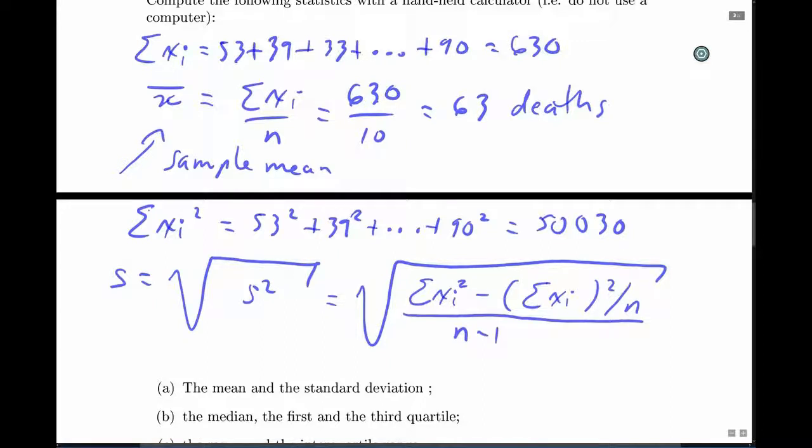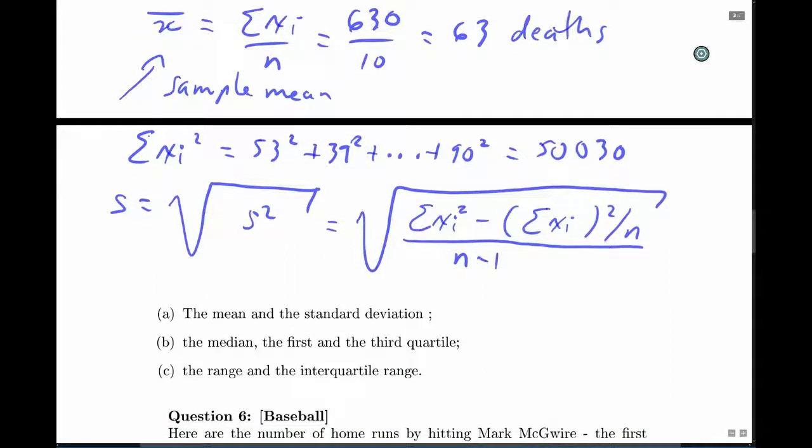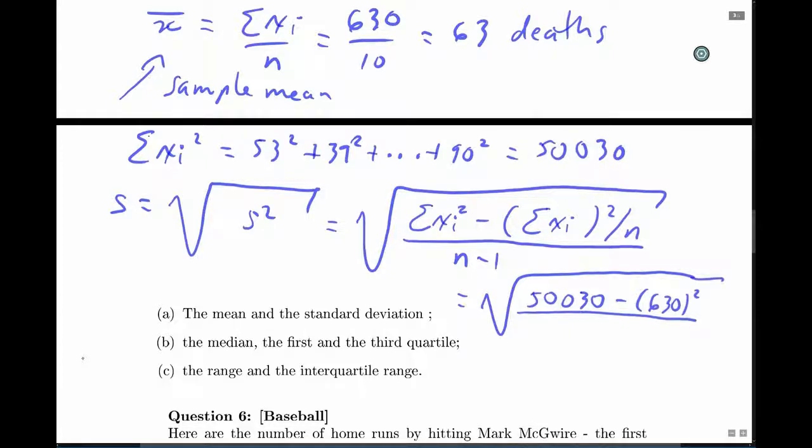So in our case we have the square root of, in the numerator, 50,030 minus 630 squared divided by 10, and then this difference we divide by 10 minus 1.